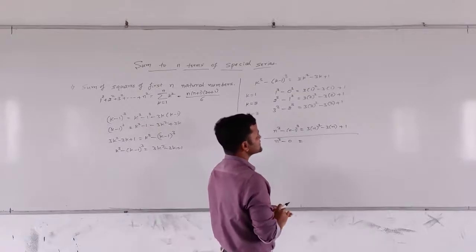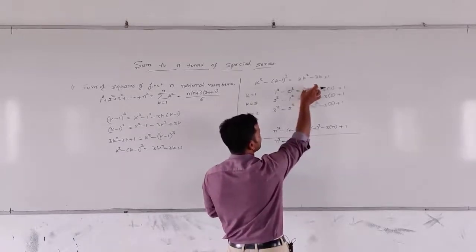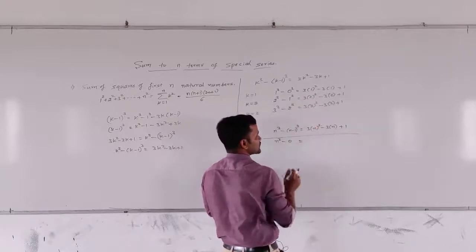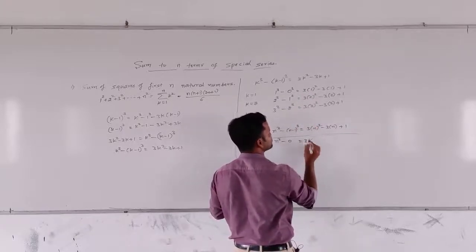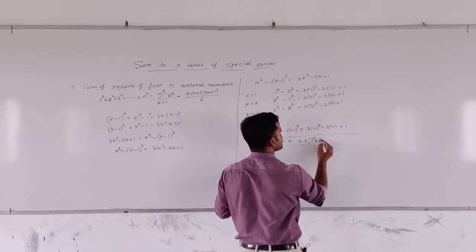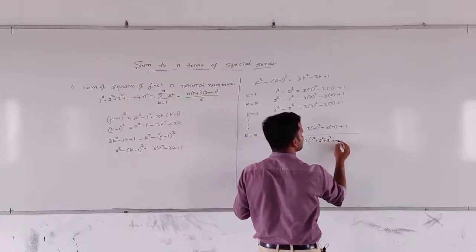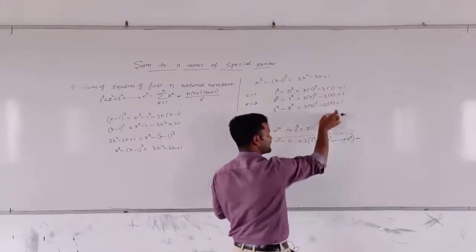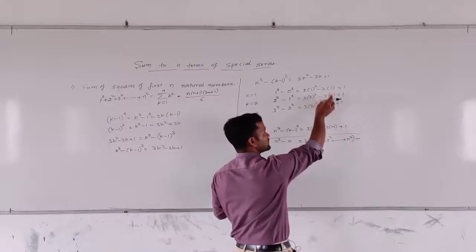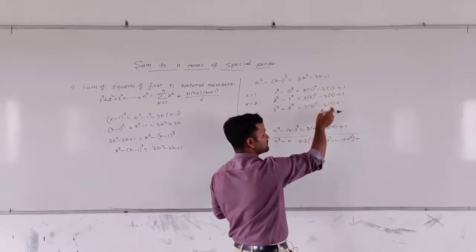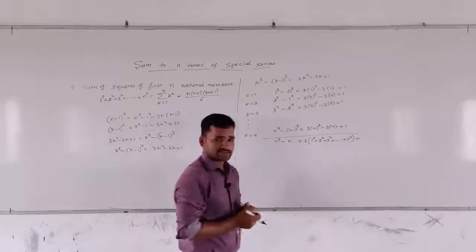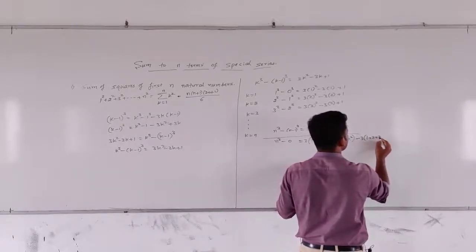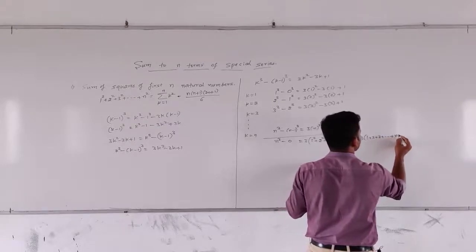And what happens in the right hand side? Right hand side, you see, we are adding all these. From all these terms 3 is common. I can write here 3 into 1 square plus 2 square plus 3 square, and so on up to n square, minus, now adding all these terms 3 into 1 plus 3 into 2, 3 into 3, 3 is also common, minus 3 into 1 plus 2 plus 3, and so on up to n.